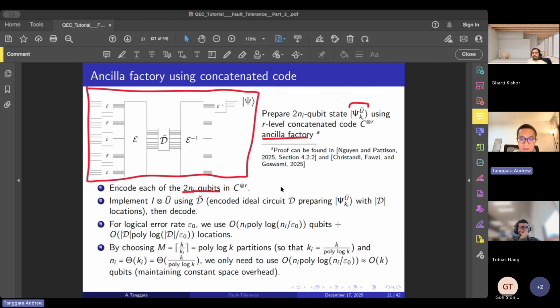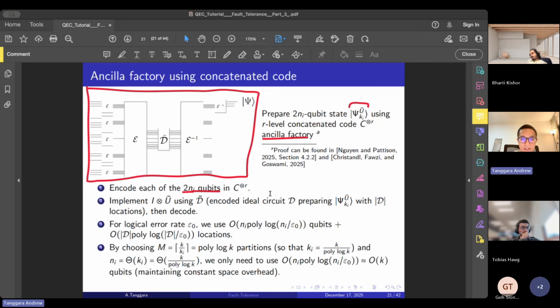I could use some Steane code or whatever. Then I want to implement this identity tensor U bar logically inside this concatenated code. So we're just using this result from concatenated-code fault-tolerant quantum computing to implement the identity tensor U bar.